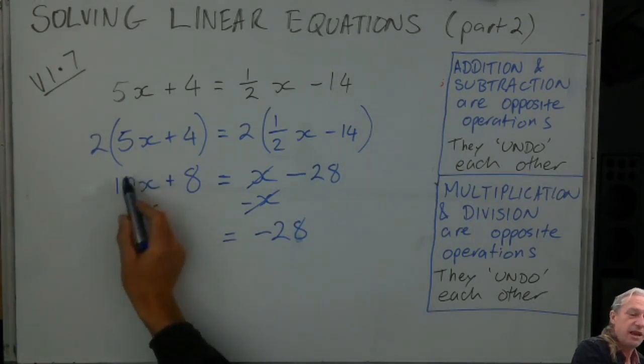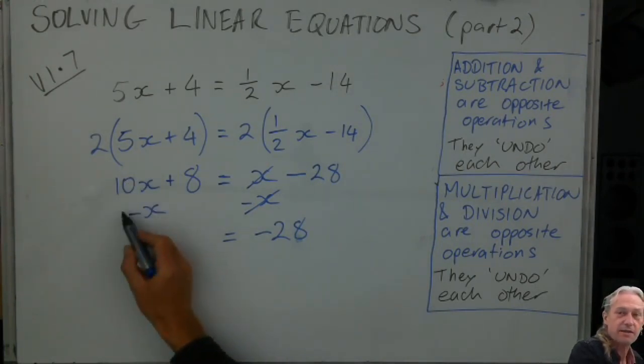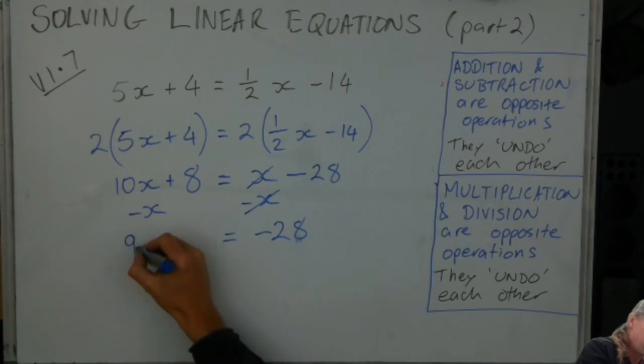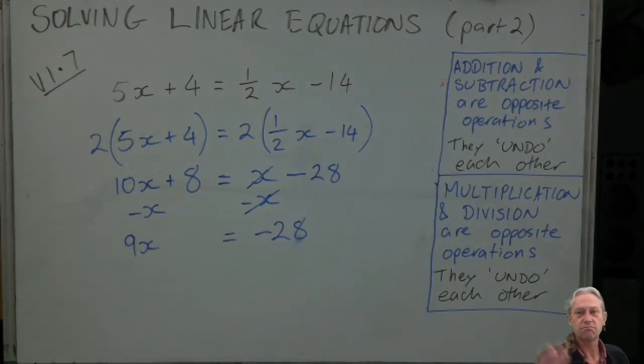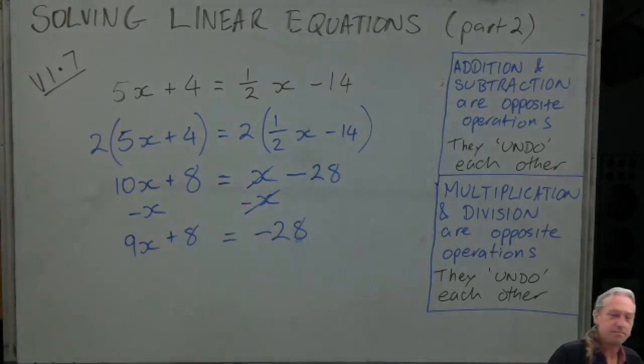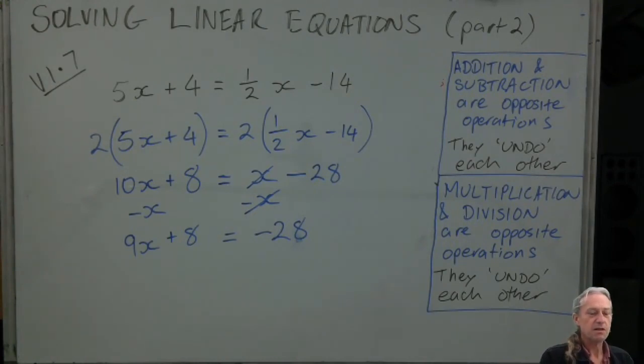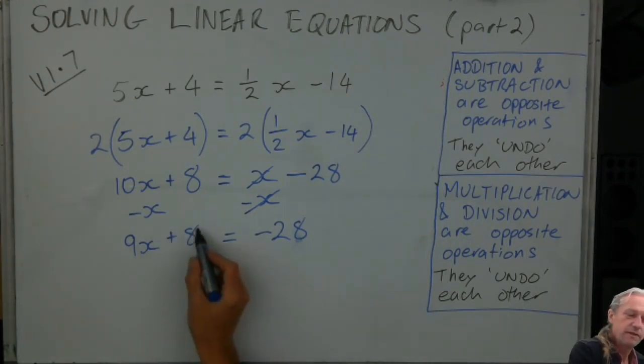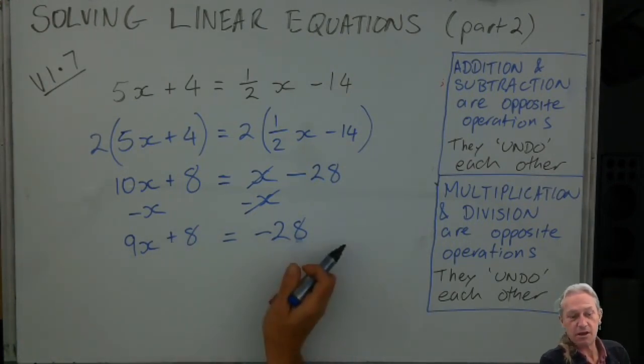Over here, 10x, take away 1x, we've got 9x. 10 apples, take away 1 apple, 9. And this 8 is still there. So now we want to move this 8 to this side of the equals.